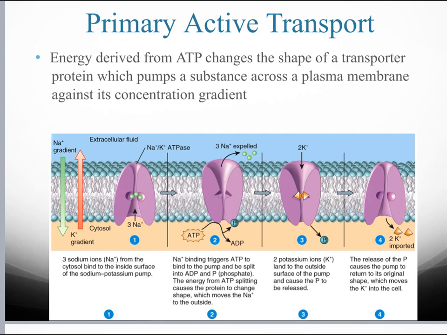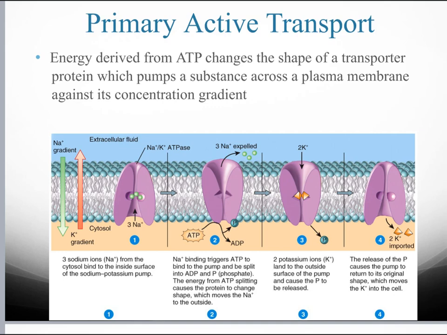So 3 sodium ions from the cytosol bind to the inside surface of the sodium-potassium pump. Sodium binding to that pump triggers ATP to bind to the pump and then to be split into ADP and phosphate. This is our hydrolysis. The energy from ATP splitting causes the protein to change shape, which then moves the sodium out of the cell.